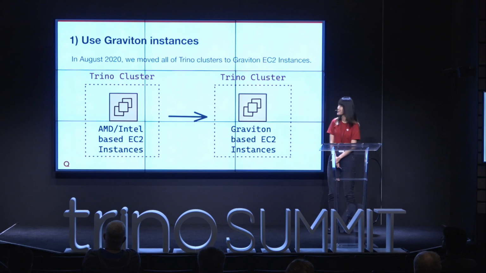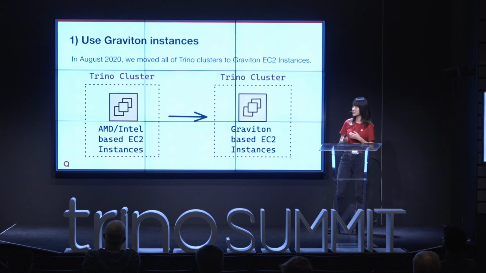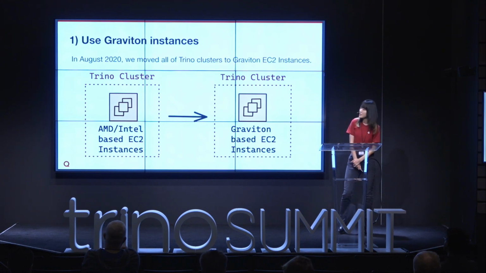Let's start with using Graviton instances. Graviton is a processor released by AWS. It runs on the ARM architecture, and it has proved to be more cost efficient than some other instances for some cases. In August 2020, we migrated all our Trino clusters to Graviton EC2 instances.